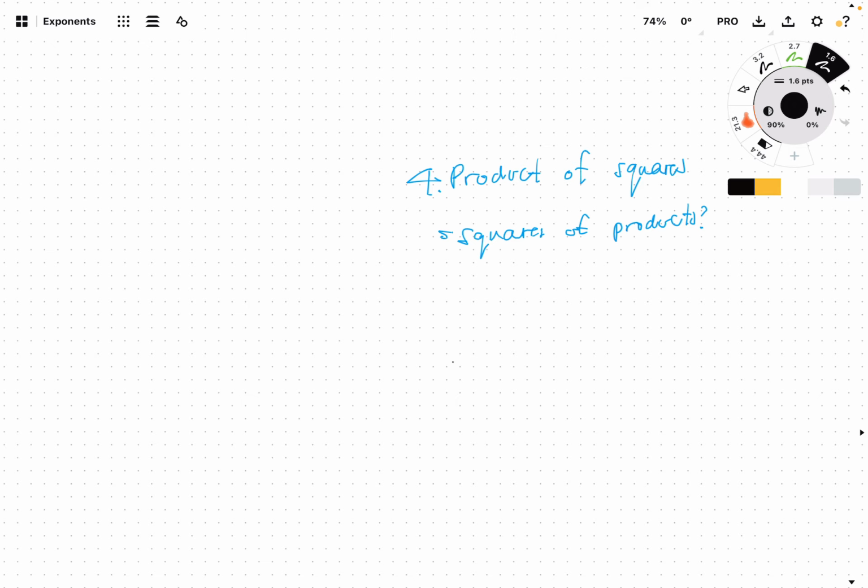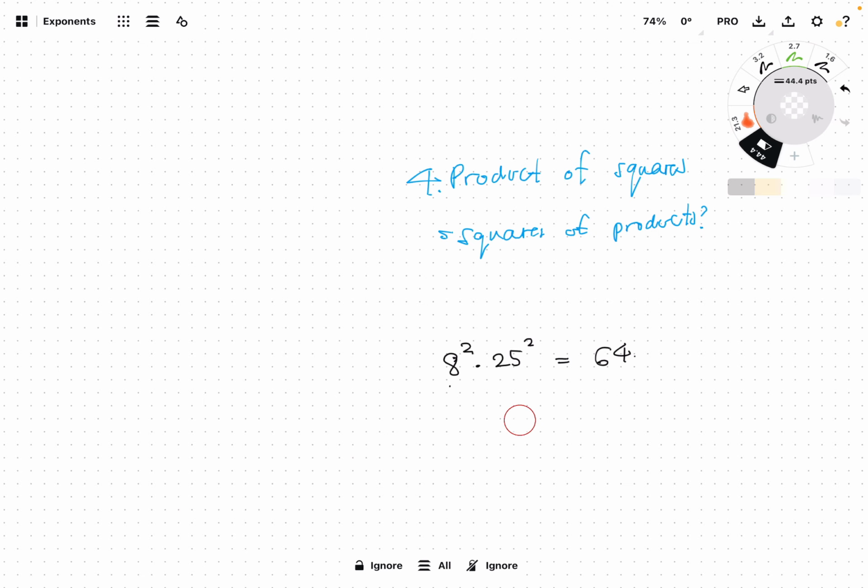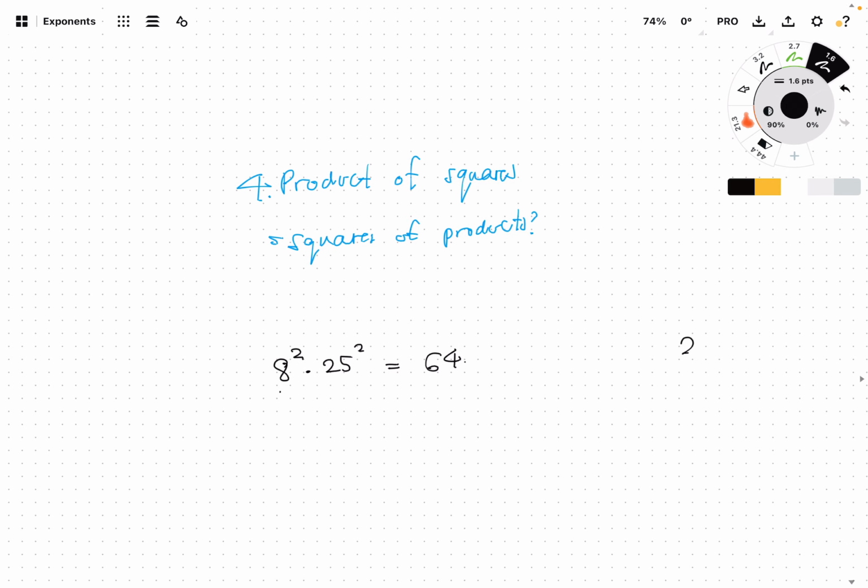What if I asked you to do 8 squared times 25 squared? Now, if you were to individually solve these, this becomes kind of ugly. 8 squared is not bad, 64. 25 squared is a bit annoying. But let's say you get through it.